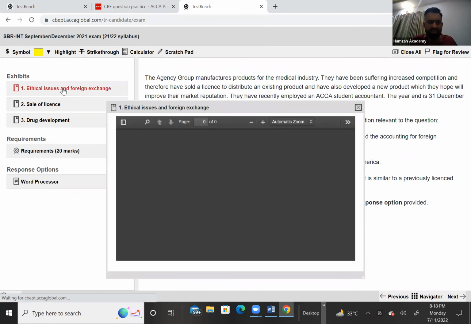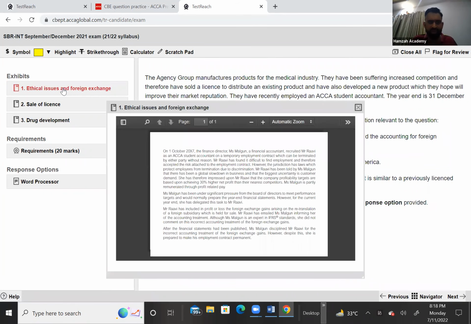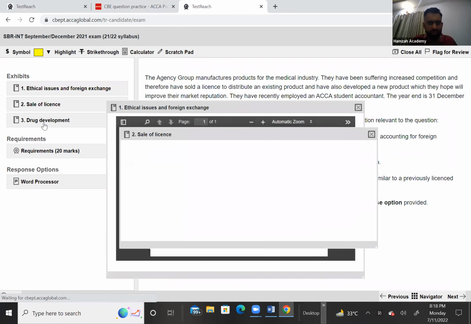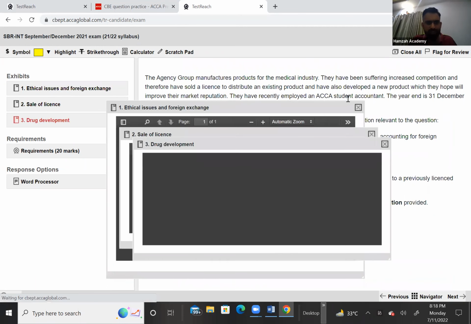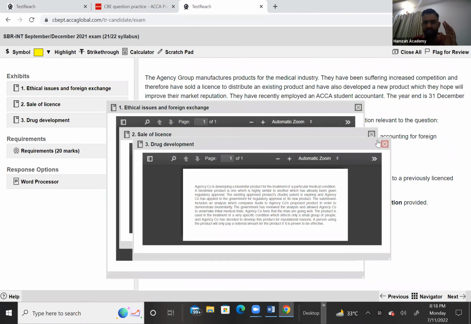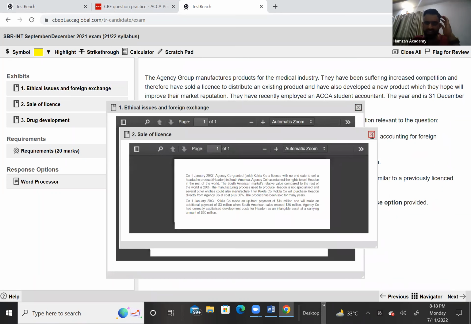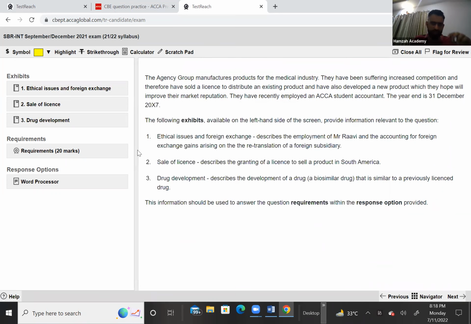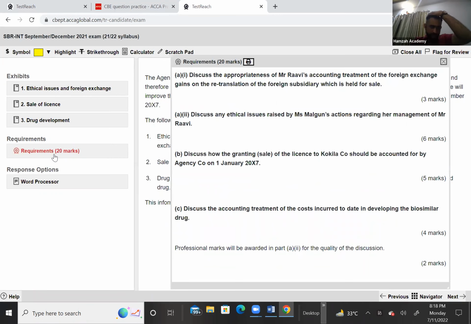Again, there is the exhibit, some ethical background, some accounting issue, then Exhibit number 2 and Exhibit number 3. You will study the exhibits. You can adjust the screen as per your requirement, as I told you. Then we have the requirement, and after the requirement we have the word processor.